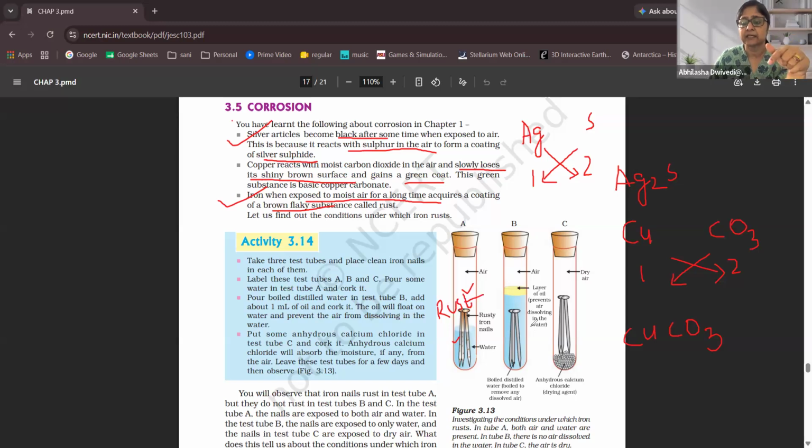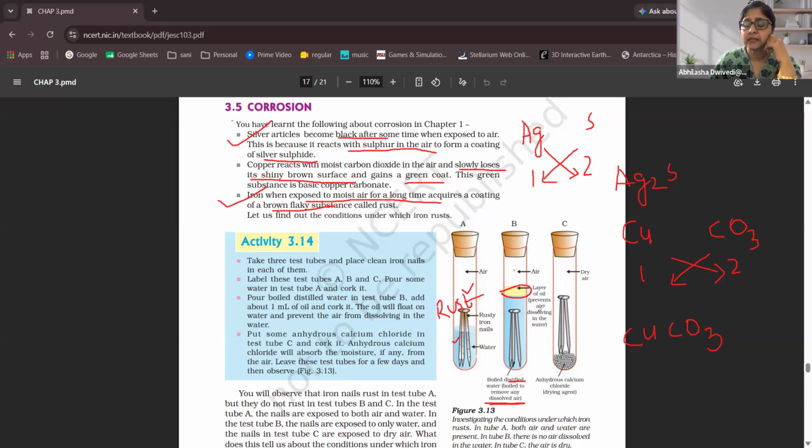What happens in the second experiment, where we have put the nails in distilled water? So that there is no dissolved air. What is the purpose of taking distilled water? So that we remove the dissolved air also. And air is there, but we are trying to prevent the interaction between air and water with a layer of oil, so it prevents the interaction.